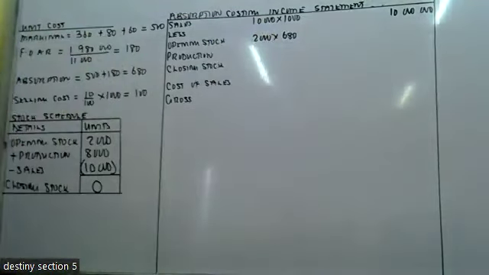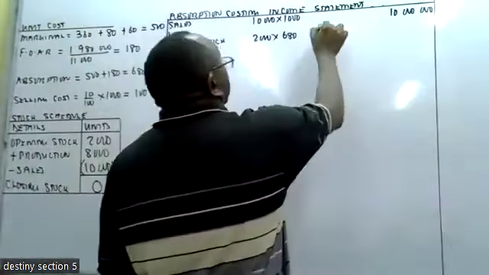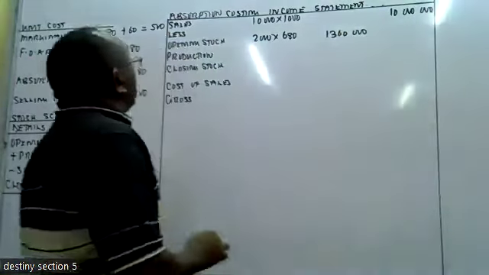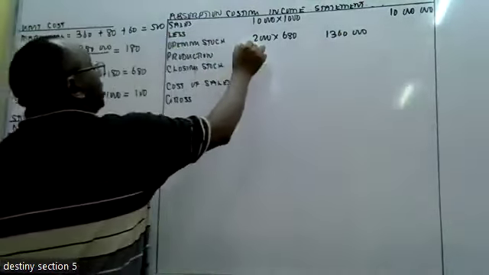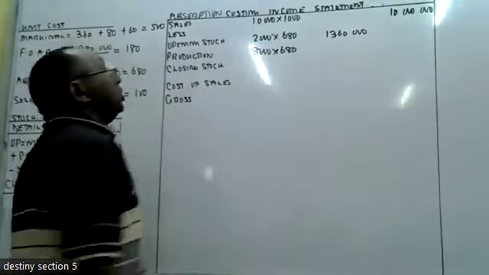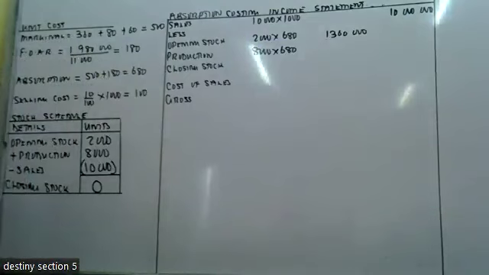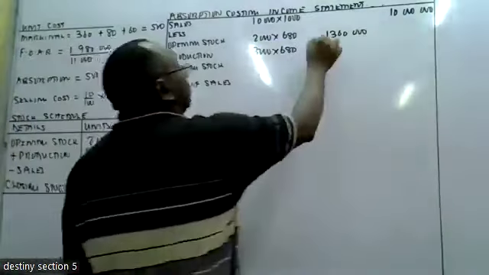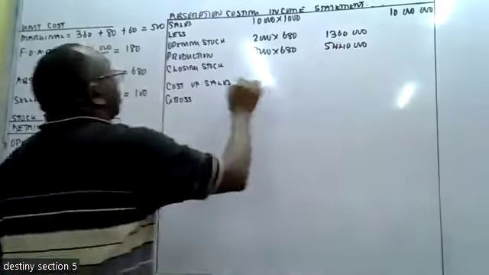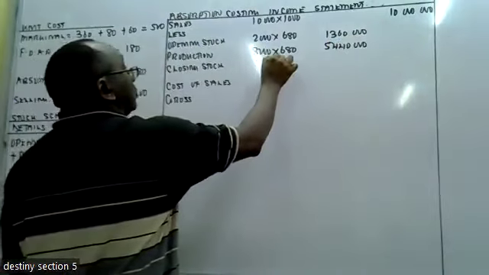So that gives us how much? 1360. Production is 8,000, now being valued at 680. 2440. Closing 0 times 680.